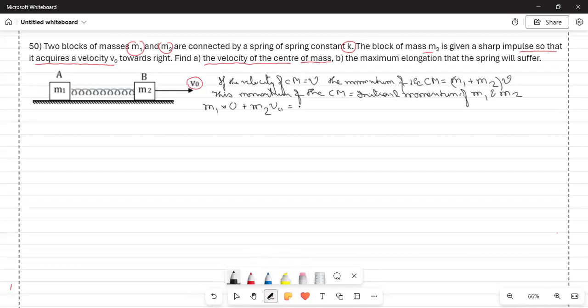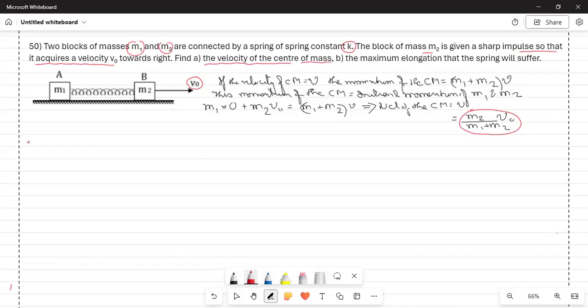This is equal to M1 plus M2 into V. So the velocity of the center of mass, V, is equal to M2 divided by M1 plus M2, times V0. This is one answer, answer A.